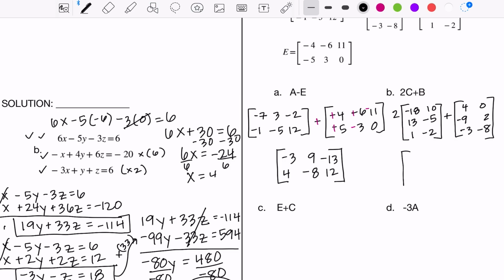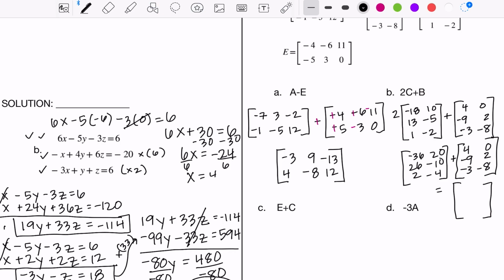This one, we're going to double everything. And then we're going to add it to that guy to get our final matrix. And that's going to be -32, 20, 17, -8, -1, -12.